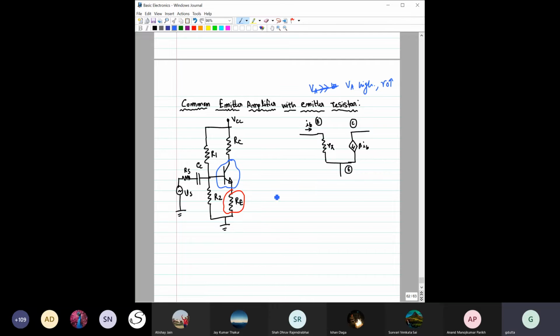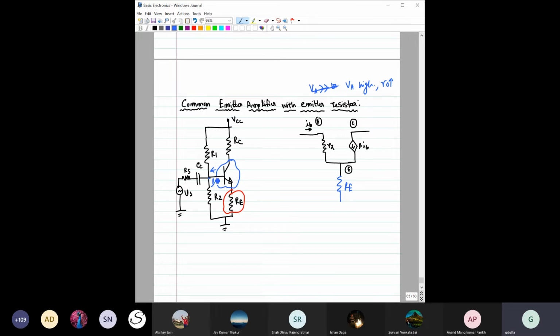Now what else? We have RE with this emitter that is connected, so we will write this RE. Now if you consider from this base side, then again R1 and R2, they are in parallel.